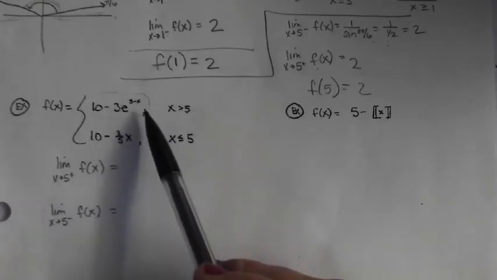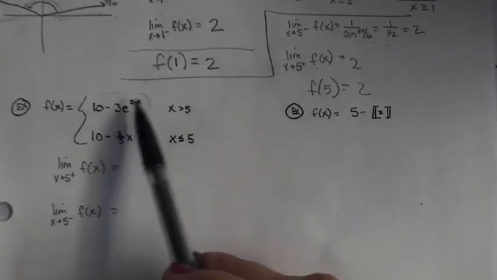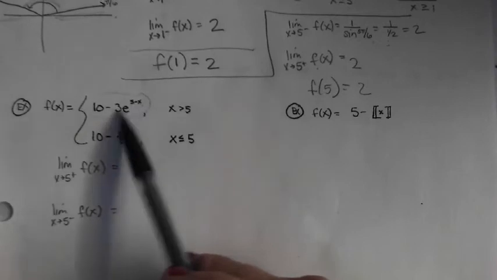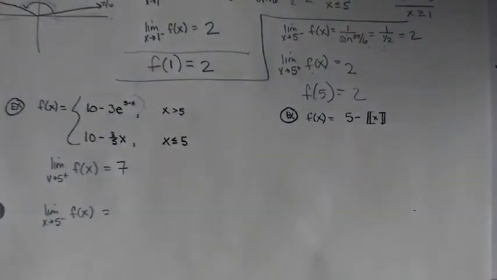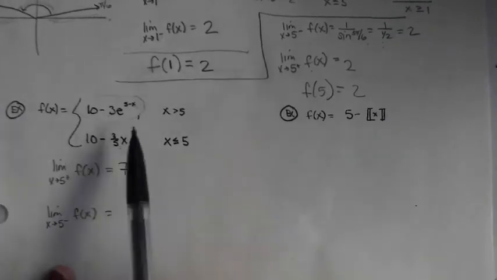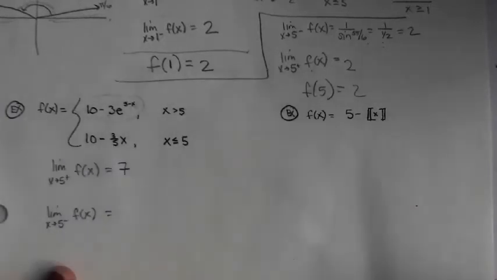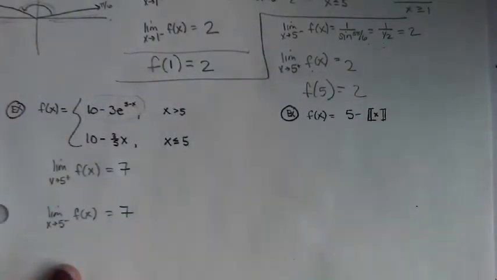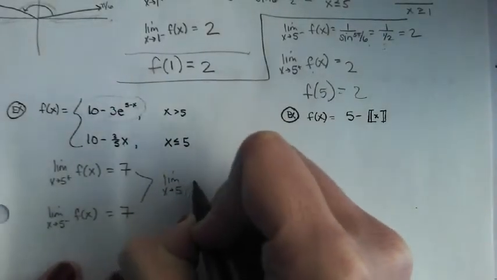If I plug 5 in, what's 5 minus 5? e to the 0 is? 3 times 1 is? 10 minus 3 is? 7. 5 from the left, go in here. The 3/5 times the 5 is going to cancel the 5, so it'll just be 10 minus 3, which is 7. So the limit exists because they match.